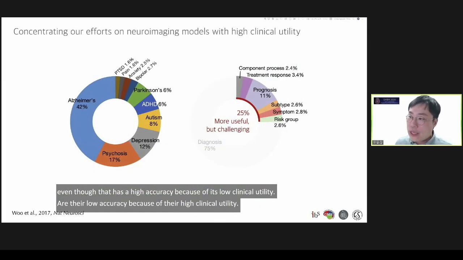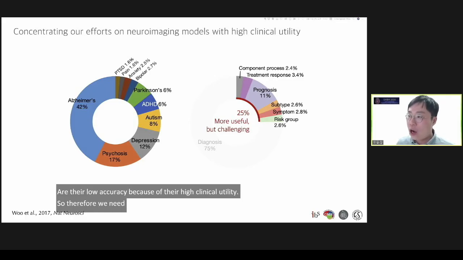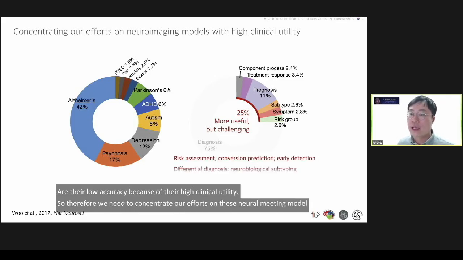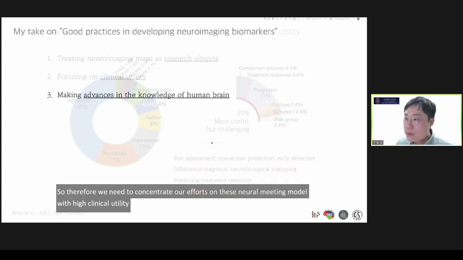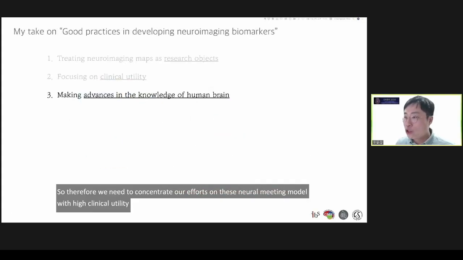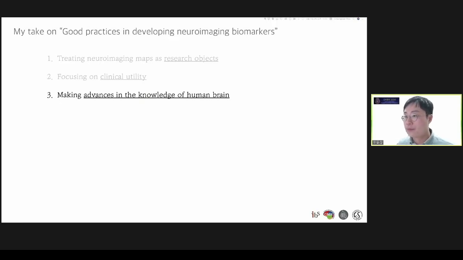So we need to concentrate our efforts on neuroimaging models with high clinical utility, aimed at risk assessment, conversion prediction, and so on. Okay. The last point that I want to make is that we need to make advances in the knowledge of the human brain using these models.